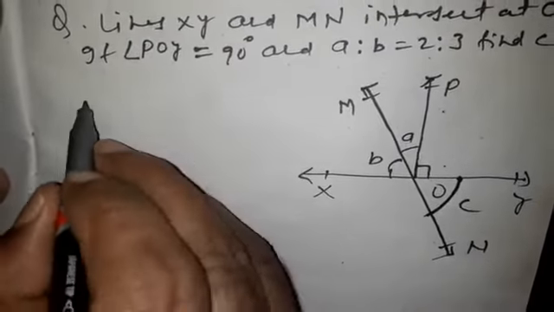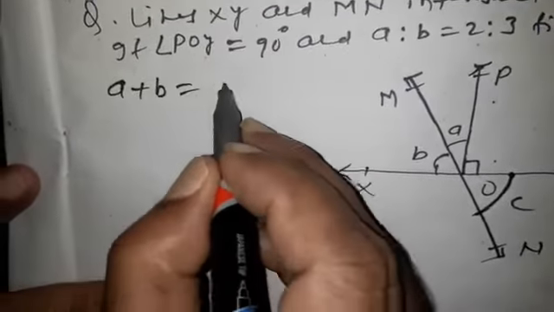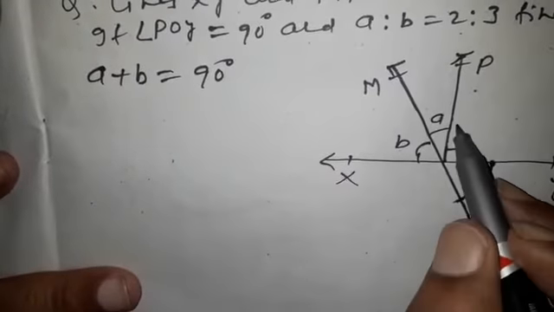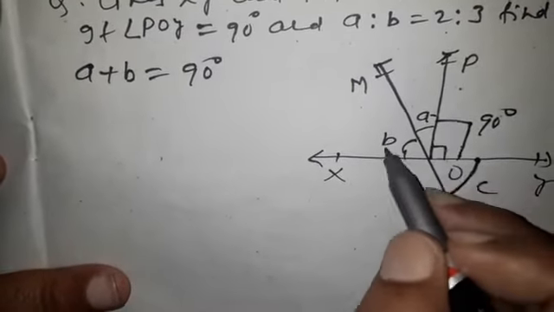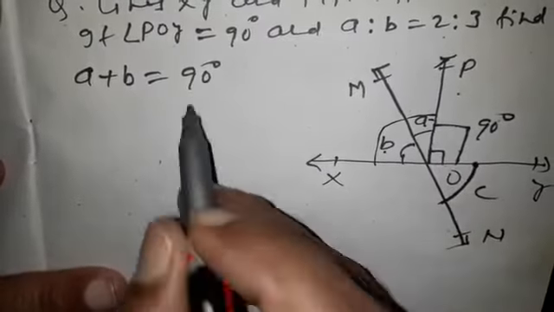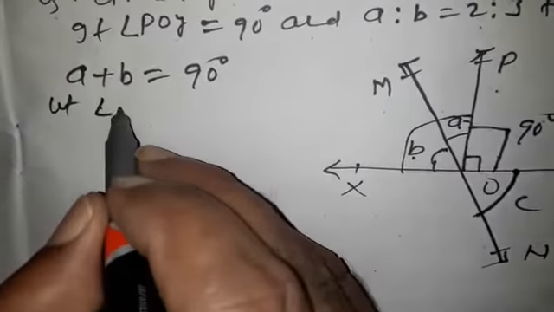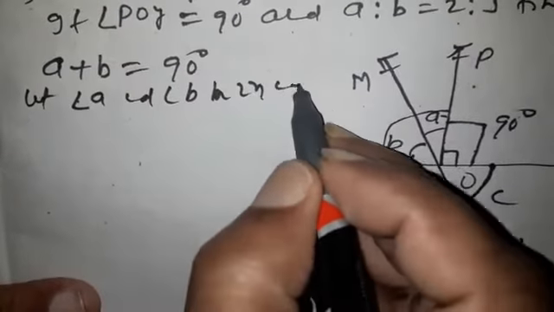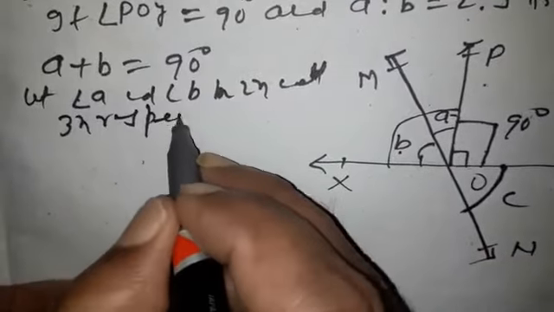So first, angle A plus B is equal to 90 degrees, because angle POC is already given as 90 degrees. So obviously angle A plus B is also equal to 90 degrees, and let angle A and angle B be 2x and 3x respectively.